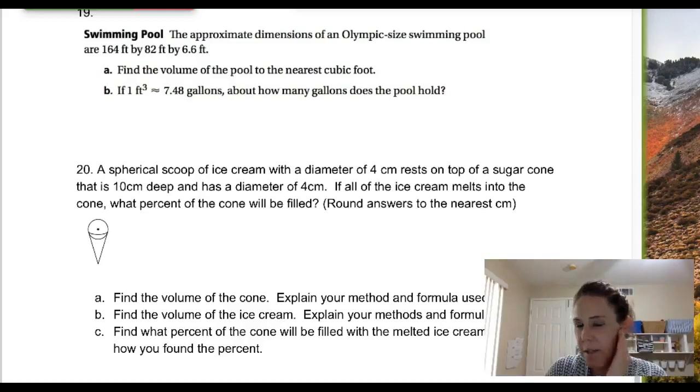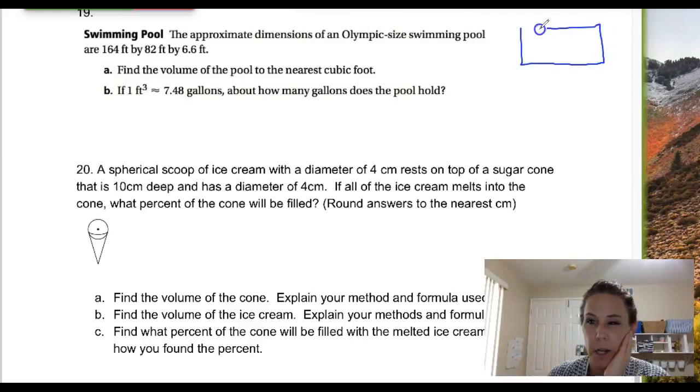Okay, 19. The approximate dimensions of an Olympic-sized swimming pool are 146 feet by 82 feet by 6.6 feet. Okay, so we're talking about depth too. All right, and I'm guessing it's rectangular.